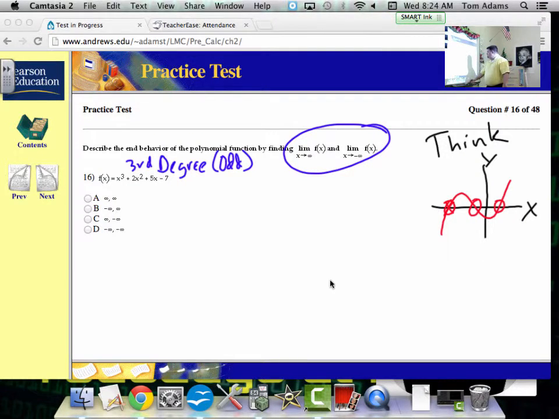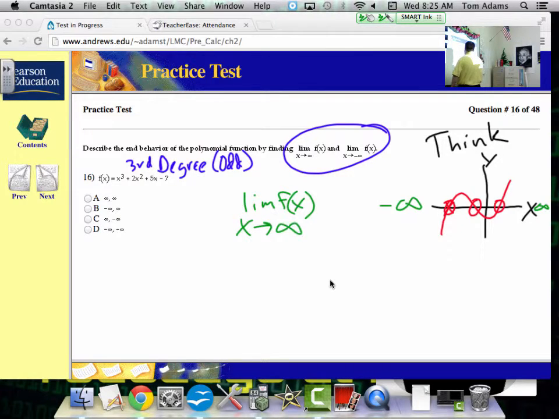But we want to figure out what the limit of this is as x approaches negative infinity and as x approaches positive infinity. So if I say the limit of f of x as x approaches infinity, what I'm going to look at is I'm going to start somewhere on the graph, and I'm going to look at the behavior of the graph.